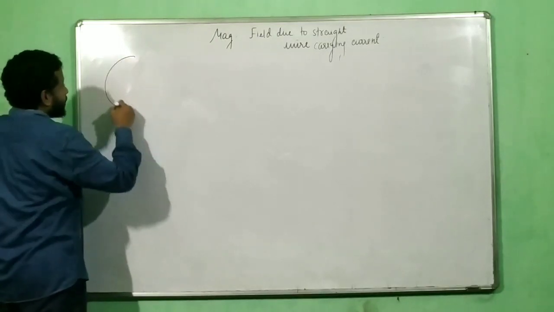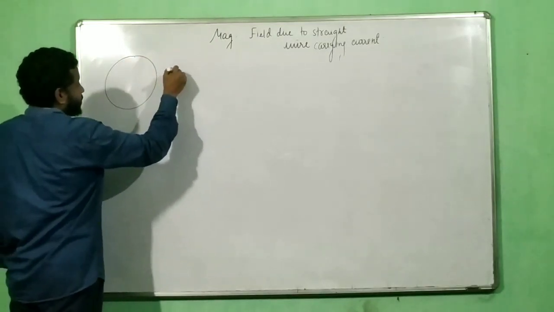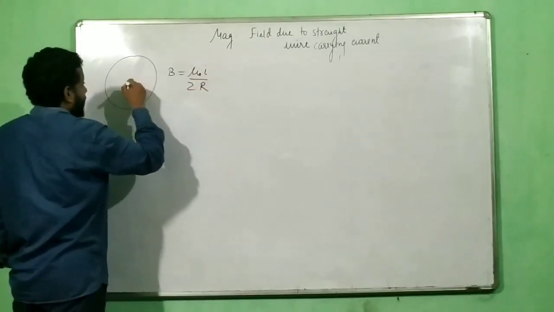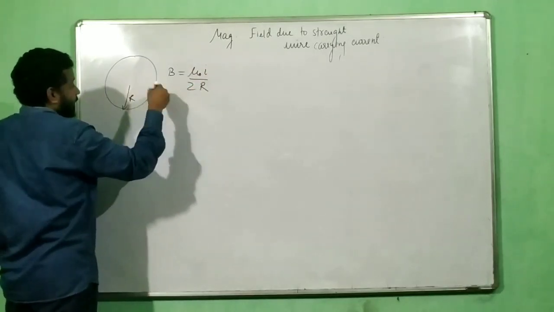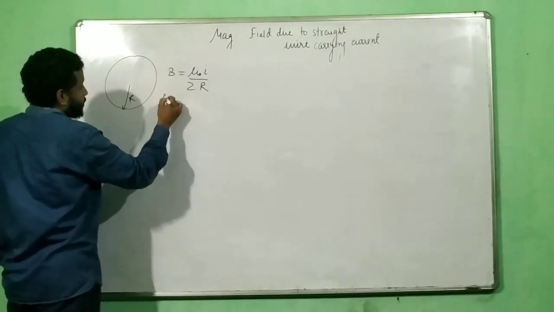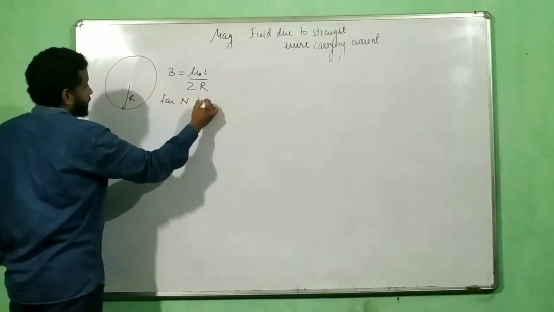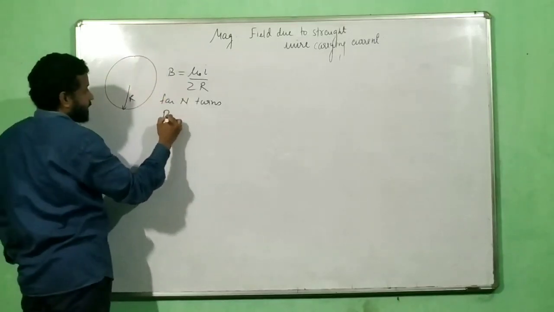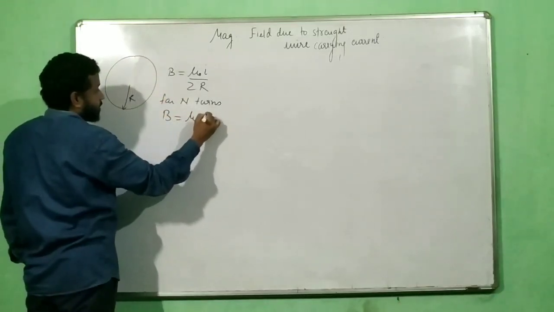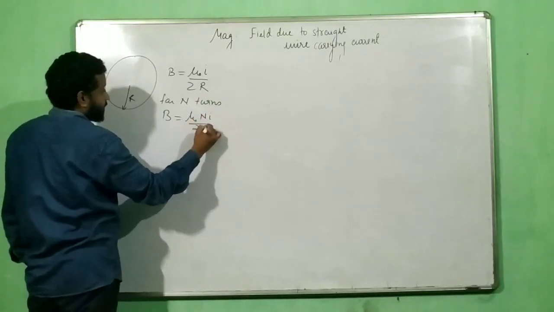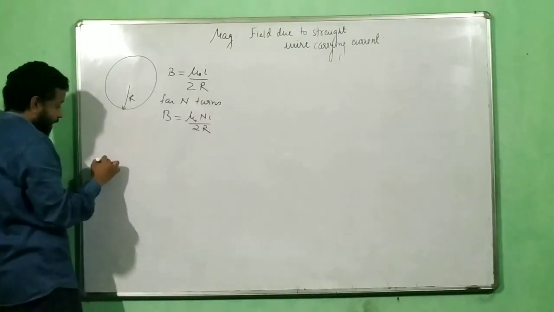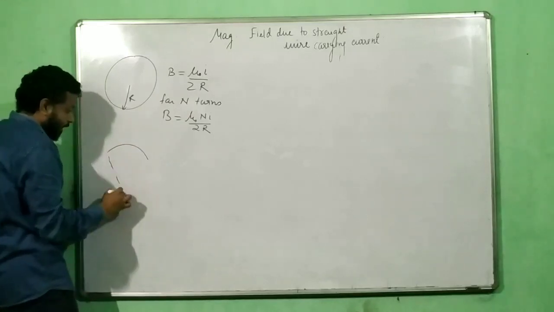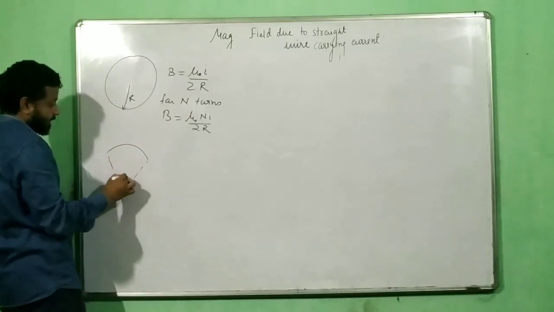So due to a circular loop, if you remember, the formula is mu naught I by 2r, where r is the radius. If it has n number of turns, not one turn but many turns, then the field will be equal to mu naught nI by 2r. And what about the arc? Let us say I have only a particular arc, and it makes an angle of theta.